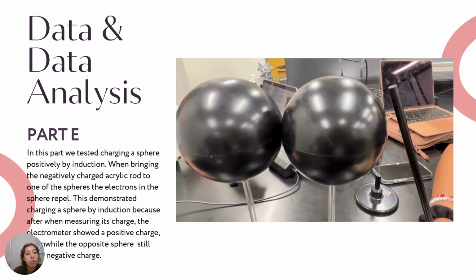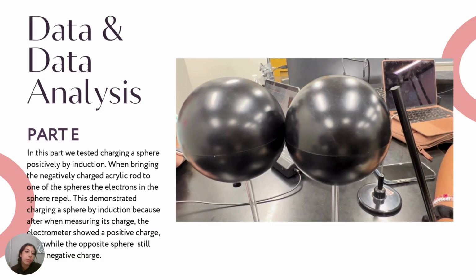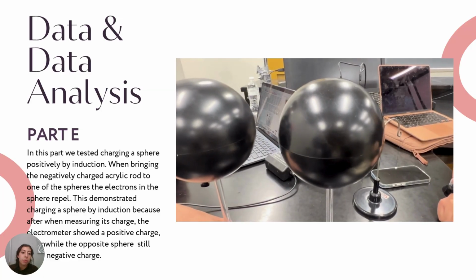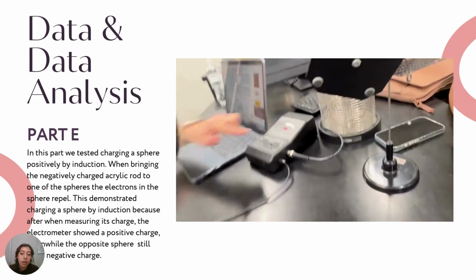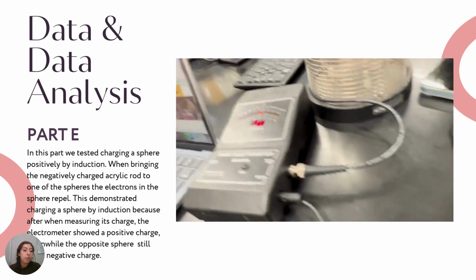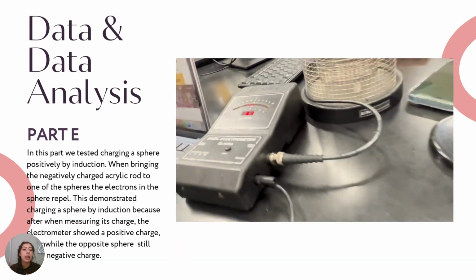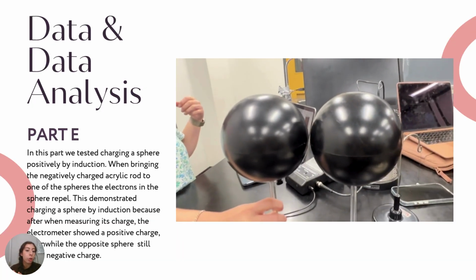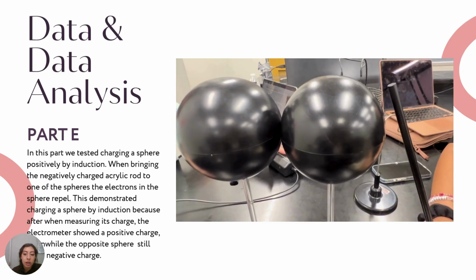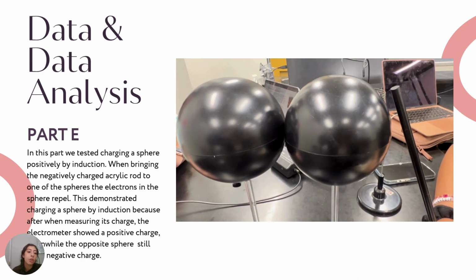So for part E, we demonstrated induction with two metal spheres. We brought the negatively charged rod near one of the spheres, and we predicted that this negatively charged rod would cause a shift in electrons and make the sphere close to the rod more positively charged, and the negative charges would repel and move to the other sphere.